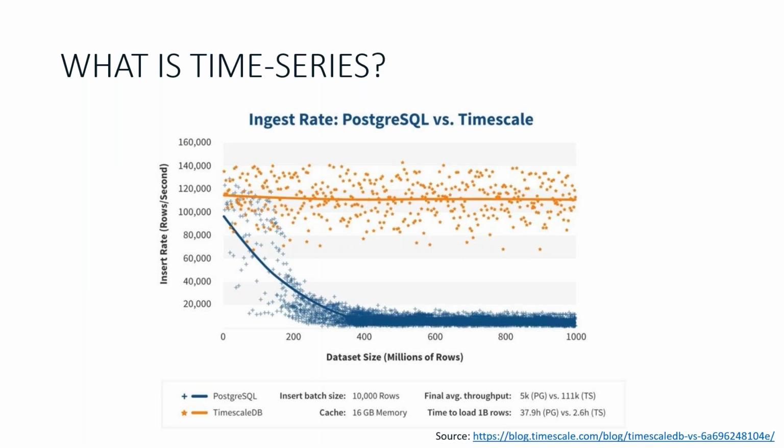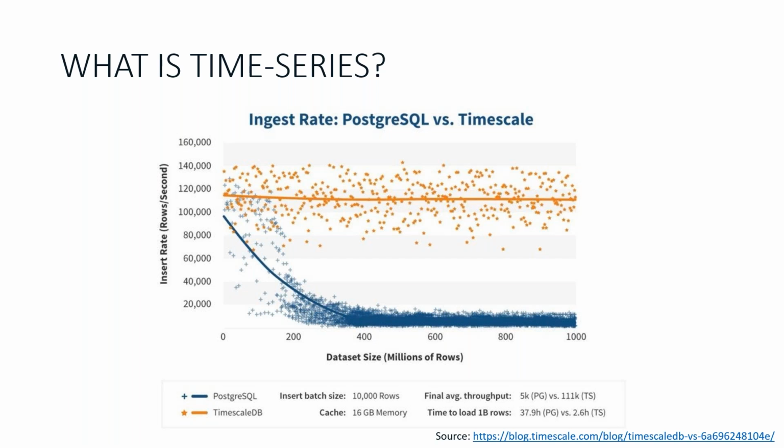So what is time series now? The ingest rate, PostgreSQL versus TimescaleDB. You can see that Timescale, even as the dataset keeps growing, remains really stable in terms of rows per second, while traditional PostgreSQL, for example, starts going really slow as the dataset becomes bigger and bigger.